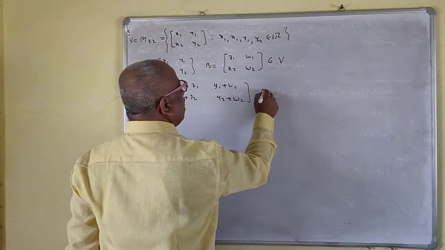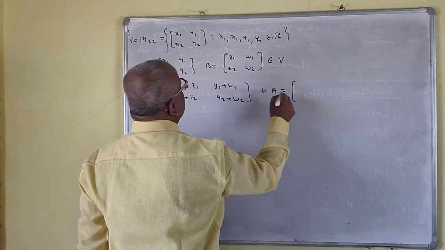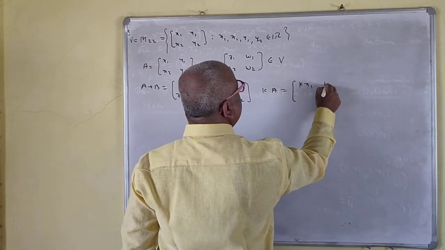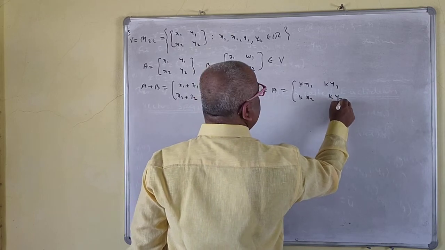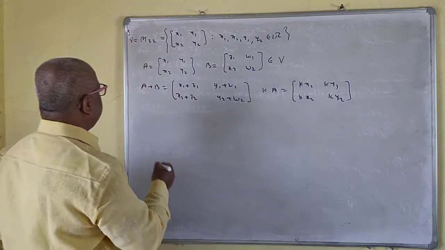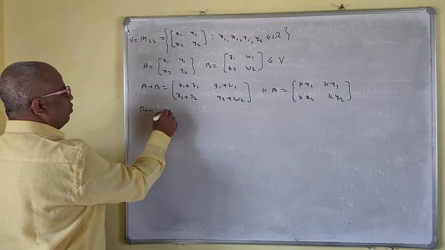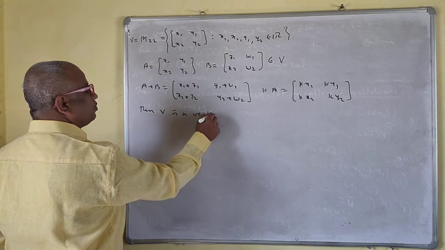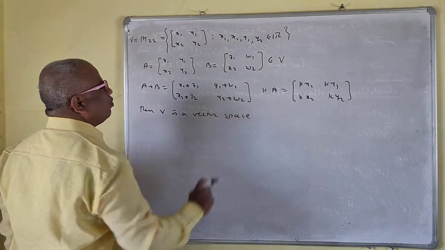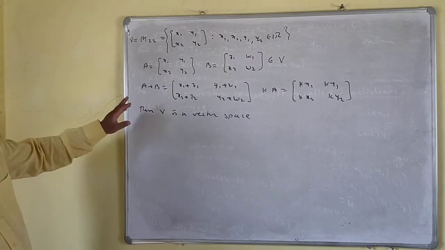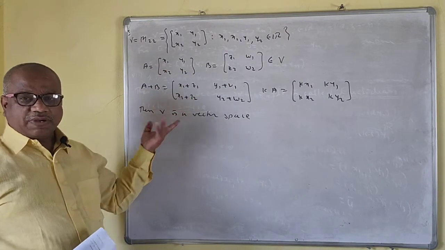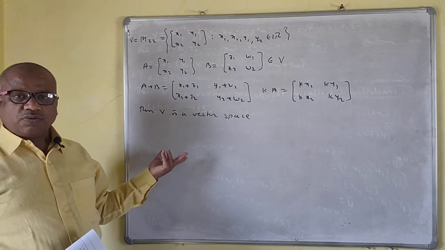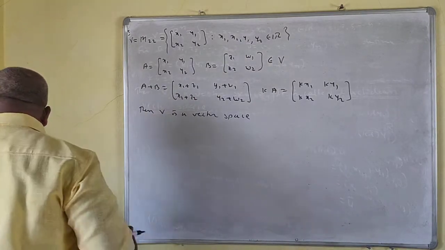Addition is usual now. And kA is the same as (kx1, ky1; kx2, ky2). Then V is a vector space. Same thing here. Addition of two real numbers is a real number, so you can use that here also.